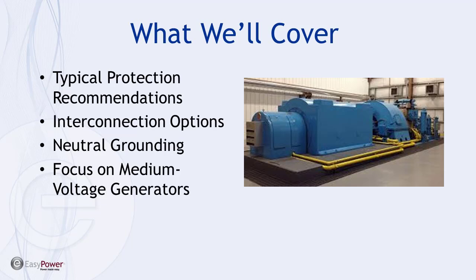So we'll look at some examples of different types of connections and just discuss the basic protection requirements. At the end, I'll give you a couple of references if you're getting into this in more detail. You may want to look into those as well.